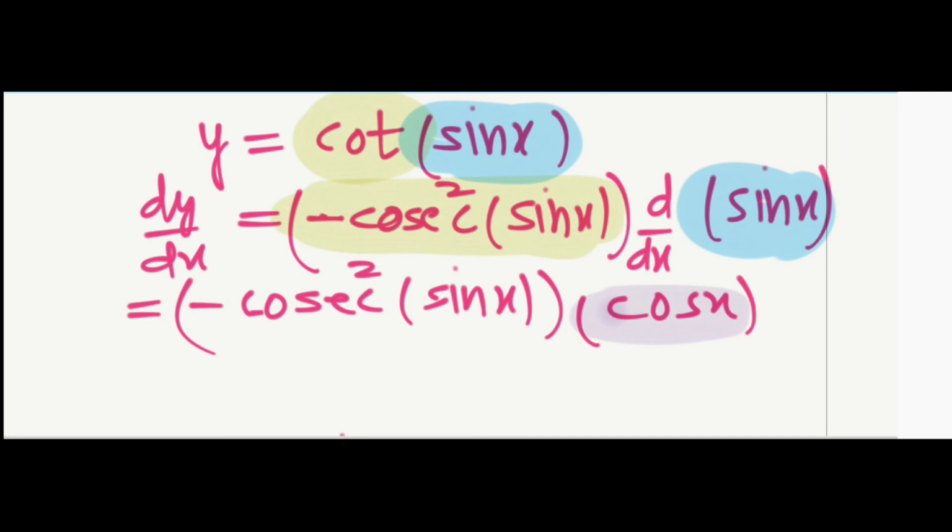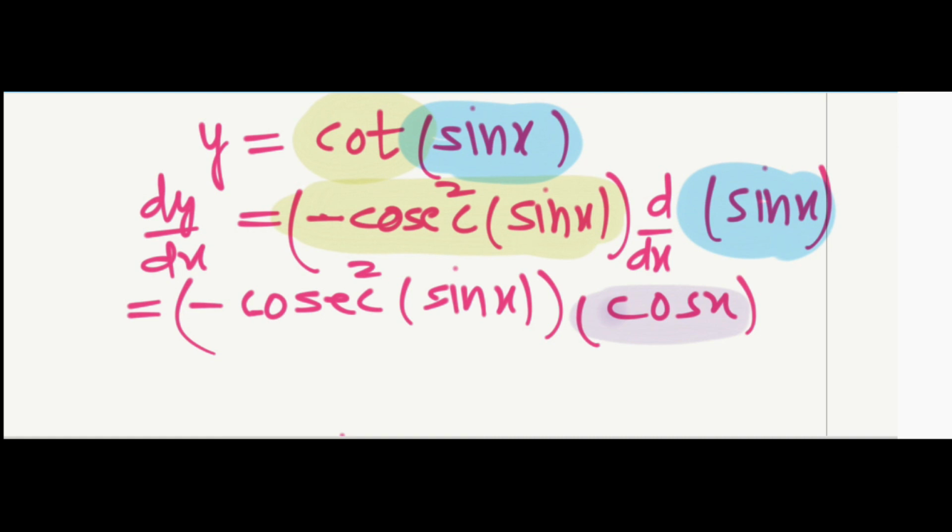Once again, coming back to the basic rule, the derivative of the cot function is minus cosecant square. You remember that. So first of all, we take the derivative of the mother function, which is minus cosecant square of sin x, that is theta angle sin x, into the derivative of the chain, and in the chain we have the function sin x.